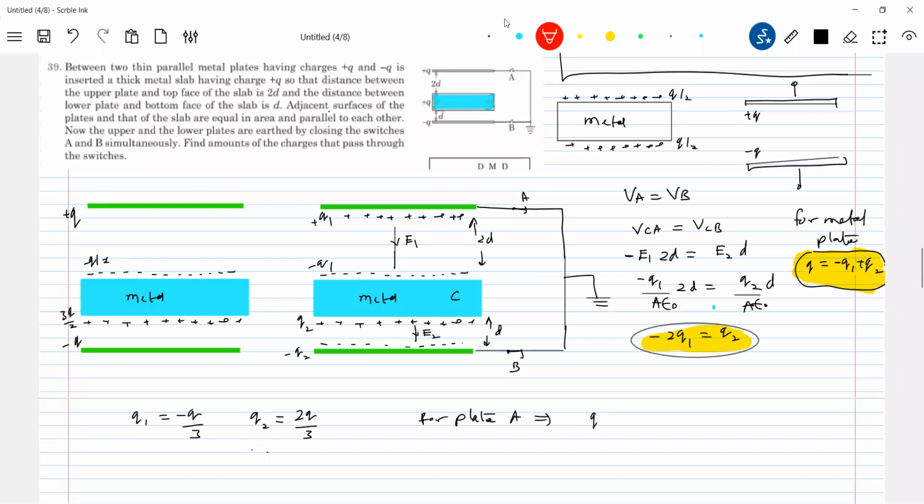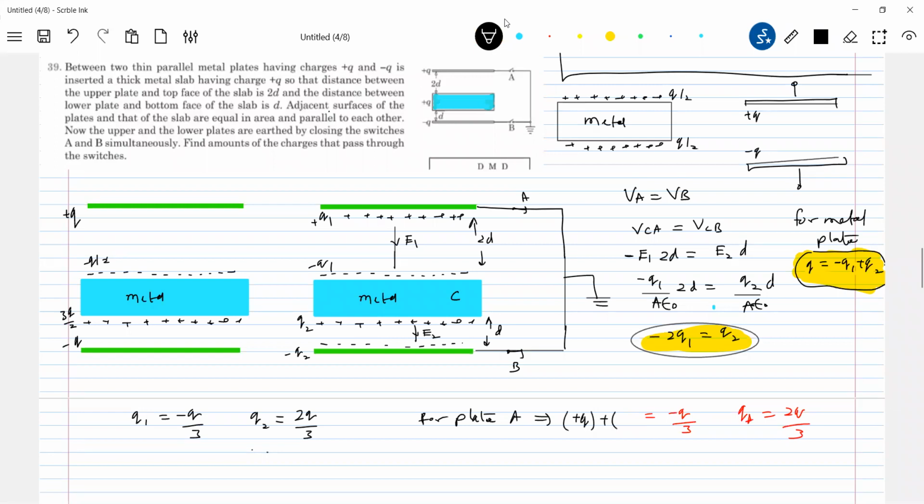I'll assume some charge left. Let me call that QA, and it has become minus Q by 3. So therefore, what is QA? QA should be equal to 2Q by 3. What do you mean by negative sign? I had to interpret sign properly.